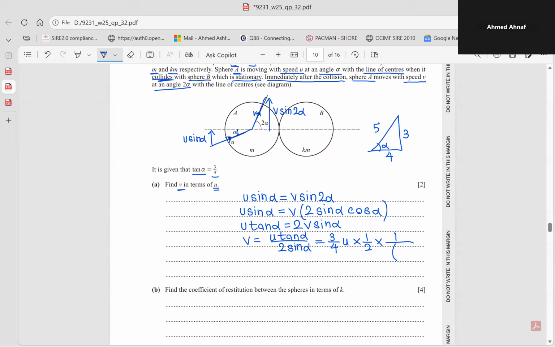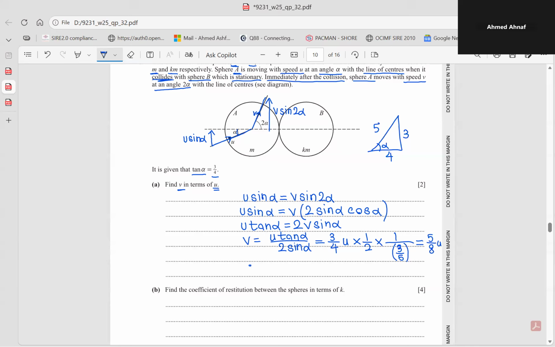So that's 3 over 4 u times half times 1 over 3 over 5. So you get 5 over 8 u.